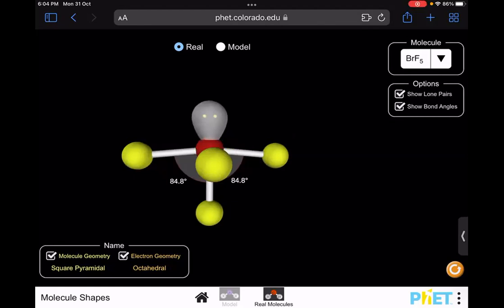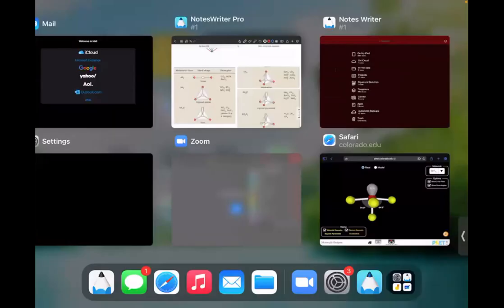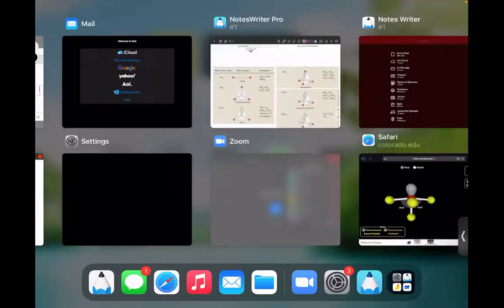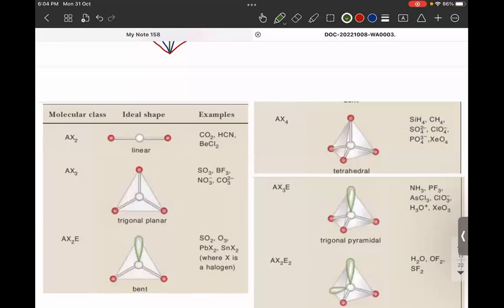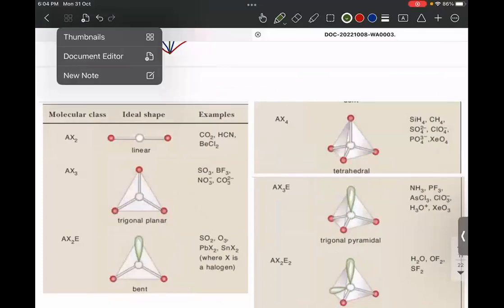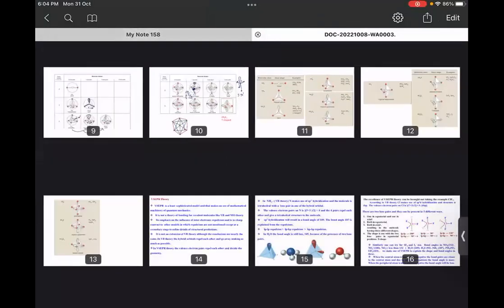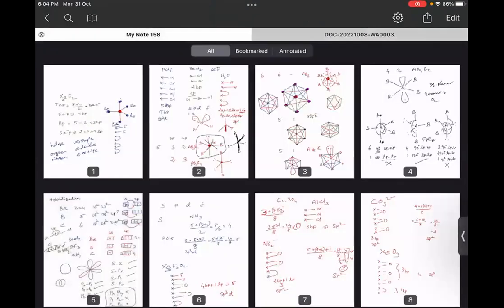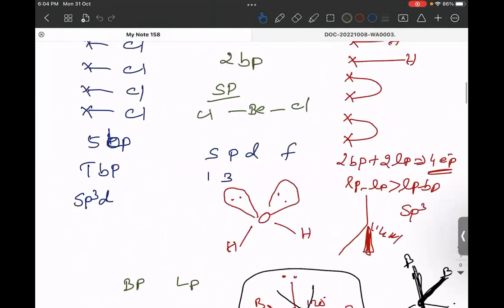Now we'll go to how to find out the total electron pairs. This one we only discussed in the last class, no?